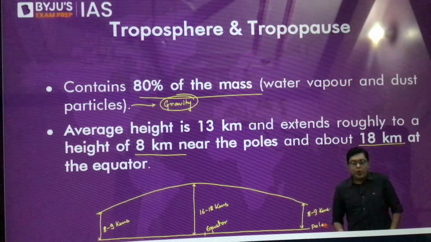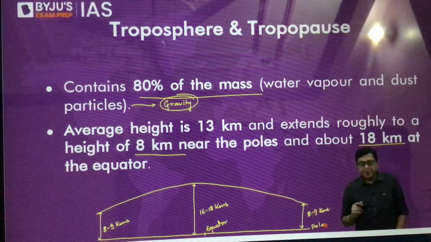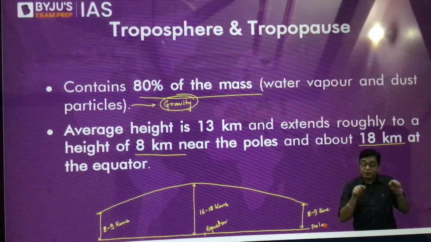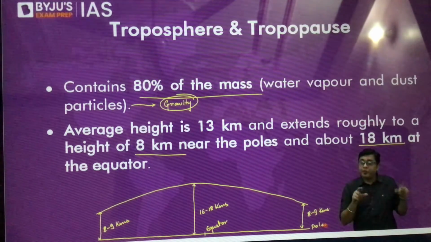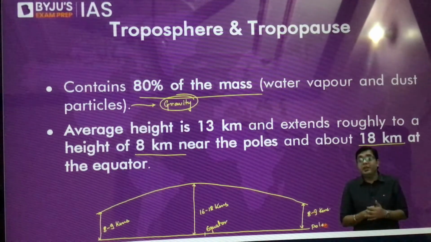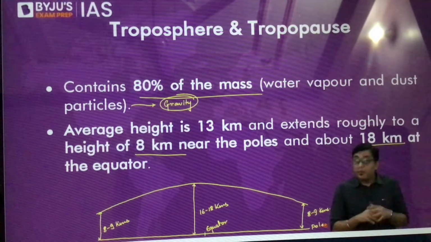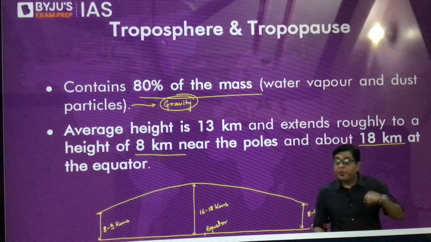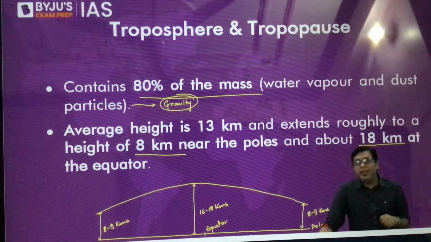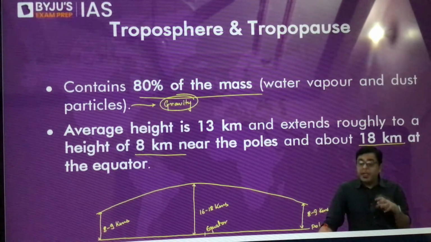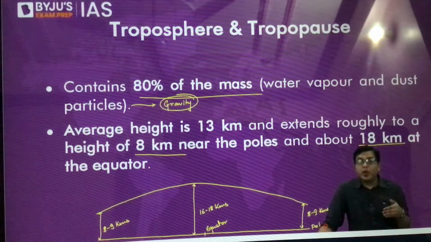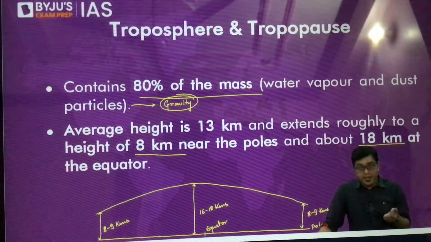Now, why is it that the height is different? Basically, here you have to understand that we are talking about the various different portions of the troposphere. The troposphere near the equator is the one which has greater height. Why? Because of receiving a very high amount of heat. The region around the equator in general receives a larger amount of heat, and the region around the poles is generally colder in nature.